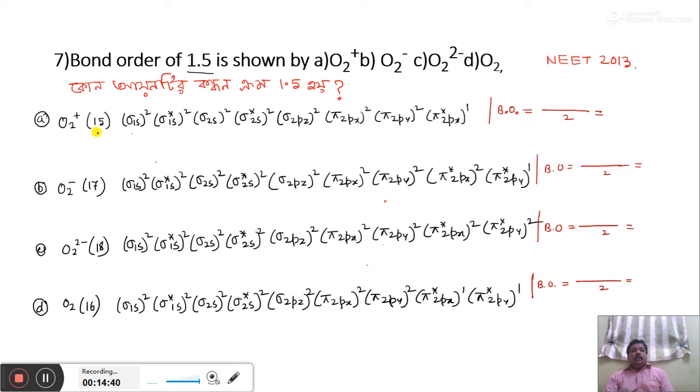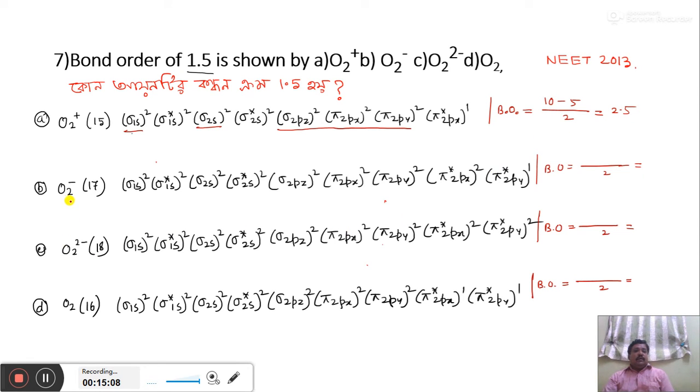In case of O2+, which contains 15 electrons, the electronic configuration is sigma 1s2, sigma star 1s2, sigma 2s2, sigma star 2s2, sigma 2pz2, pi 2px2, pi 2py2, pi star 2px1. It contains 10 BMO electrons and 5 ABMO electrons, so its bond order is 2.5.